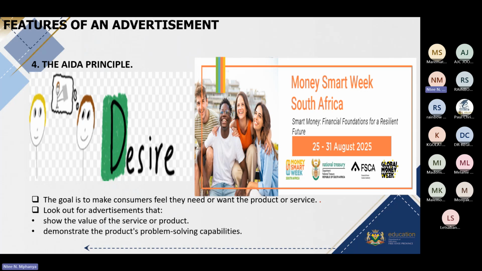Therefore, the solution is that you will be resilient if you have a sound financial foundation. So that actually provides a solution to how you can be smart with your money. And it is going to take the whole week.